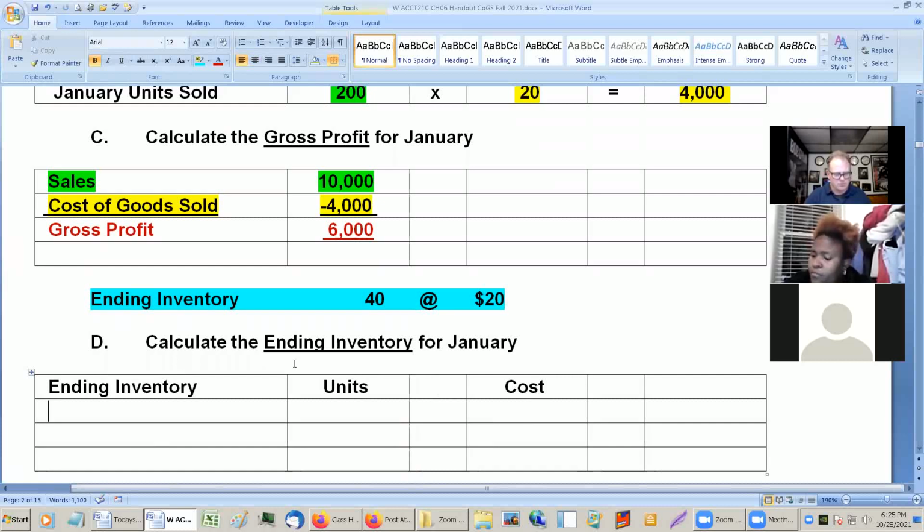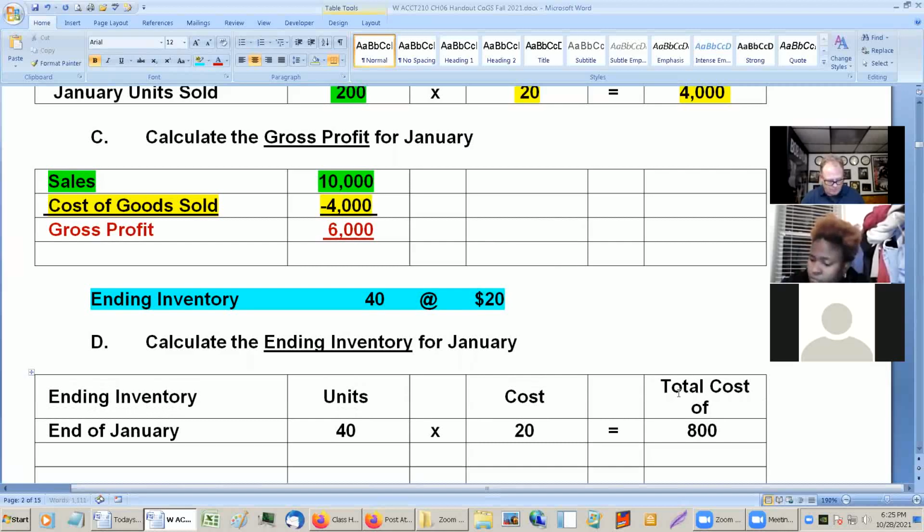Okay, so the end of January, the inventory ending January, 800. And so this will be our ending, the total cost ending inventory.